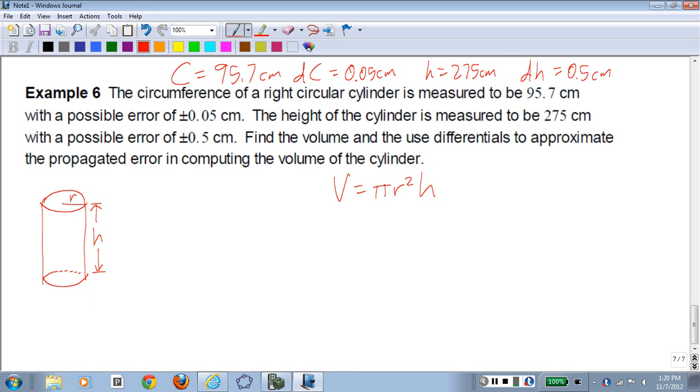Given information. We want to find dV, the possible error in our calculation of the volume if we use these values. So we need an expression for dV, and that's going to mean taking this and calculating the differentials.